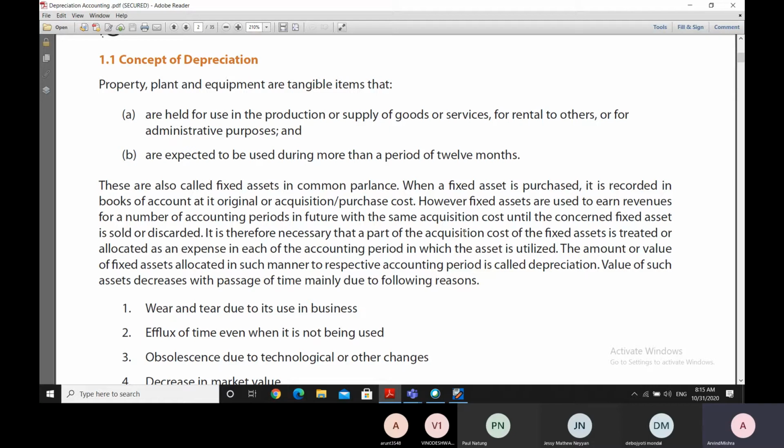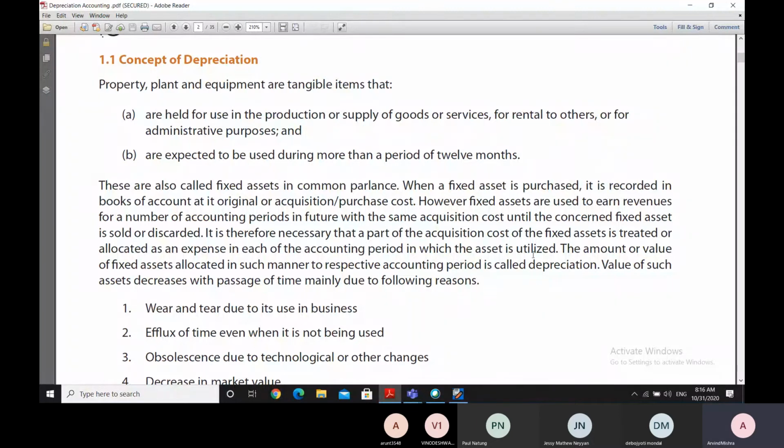So why don't we amortize the acquisition cost during the period for which it is expected to be utilized for the purpose of the business? The utilization for the purpose of the business is important because unless and until the asset is utilized for the purpose of the business, it will not suffer from wear and tear, and therefore a different treatment may be required.